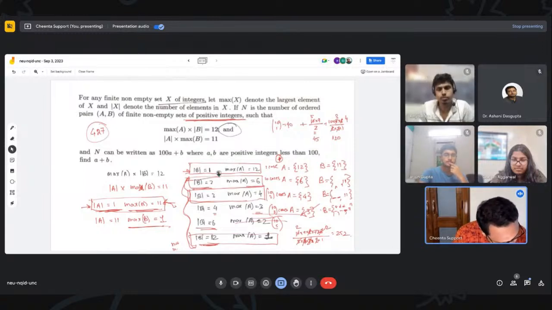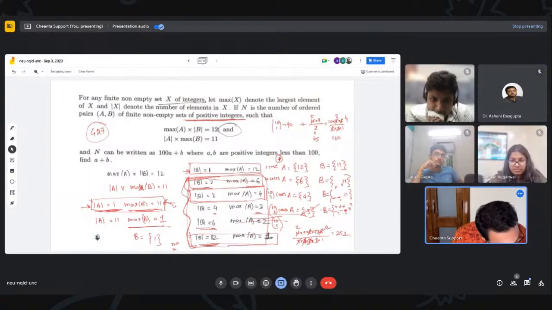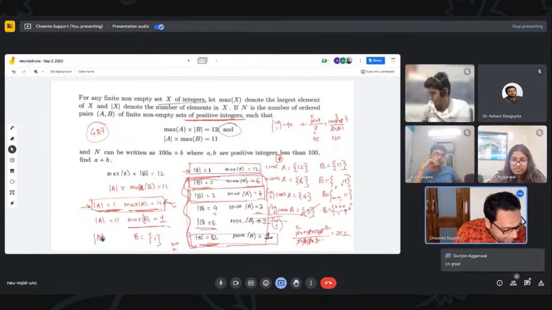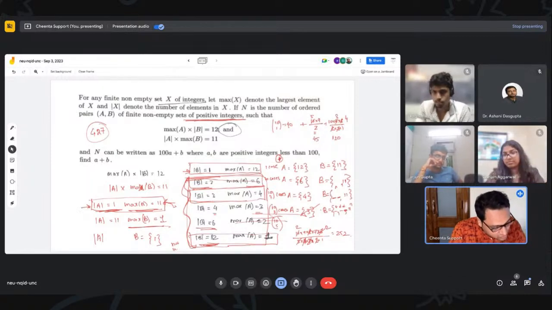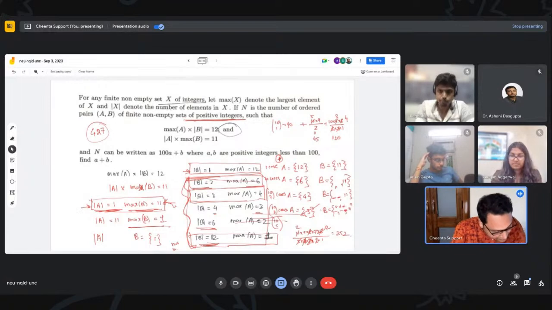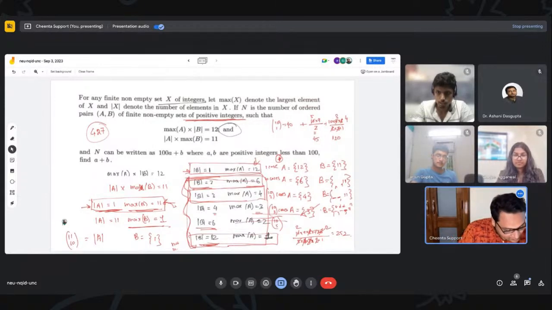The only case is that max B is 1, which means B is equal to {1}, and A has 11 elements and max A is 12. So you have to check the remaining 10 elements. There are 11 elements, the 11th one must be 12. The remaining 10 elements can be chosen in 11 choose 10 ways. So there are 11 such cases.